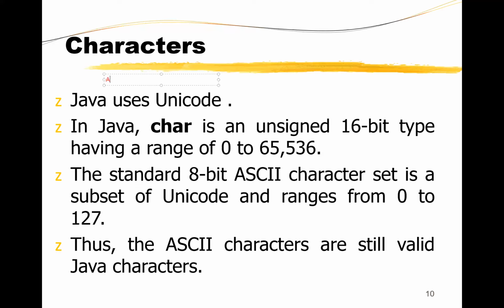Capital A in ASCII is represented like this: 65, not 128, 64, 32, 16, 8, 4, 2, 1, with 2 to the power 0 at the end. This is how capital A is represented in ASCII.